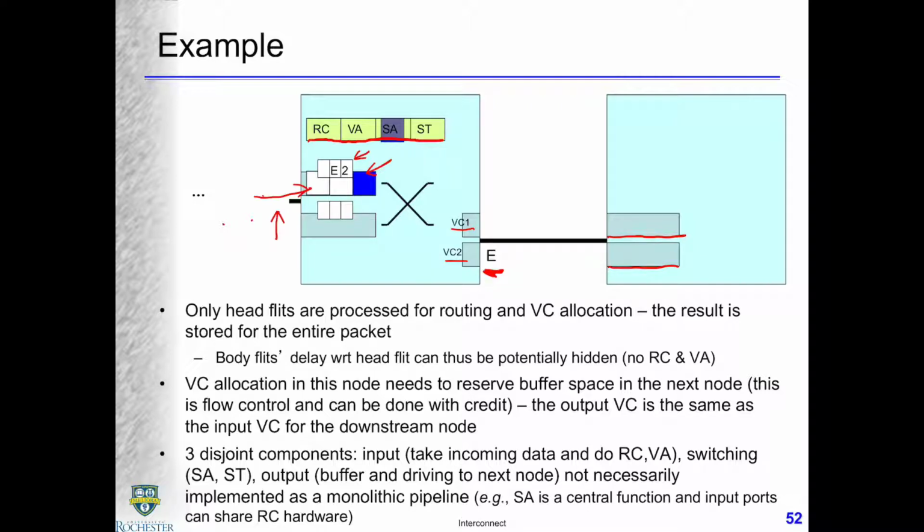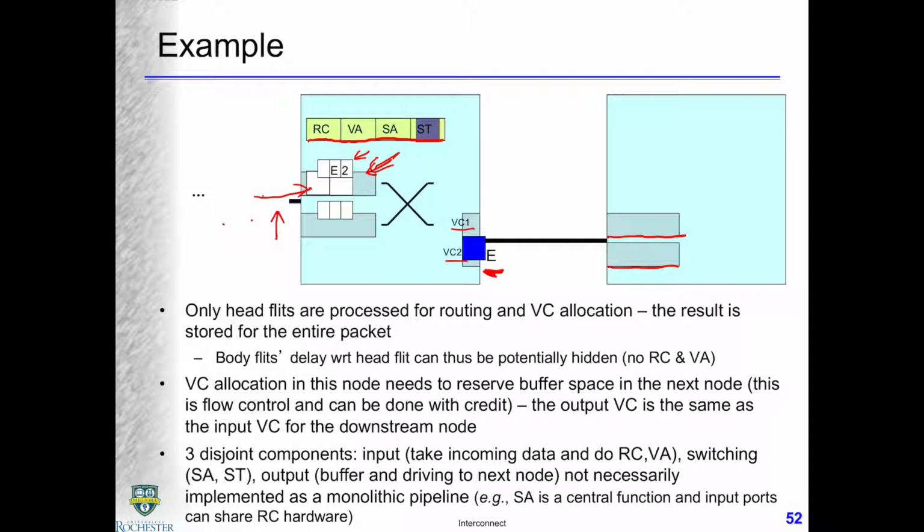And then once the switch allocation is done, we say, okay, based on the allocation, this packet that we're talking about gets to transfer. So then after that cycle, on the switch traversal cycle, we will go through the switch and get latched at the output VC2. This buffer over here is just one entry.